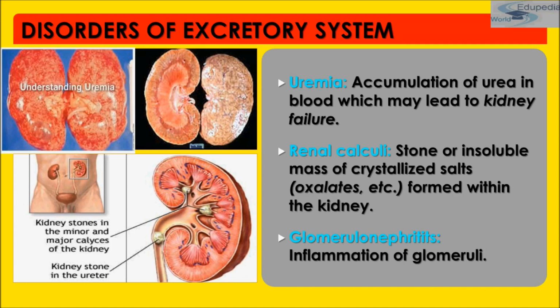Okay, and now comes renal calculi. What is renal calculi? Renal means kidney and calculi means pebbles or stones. So it is a stone or insoluble mass of crystallized salts such as oxalate, which is formed within the kidney.